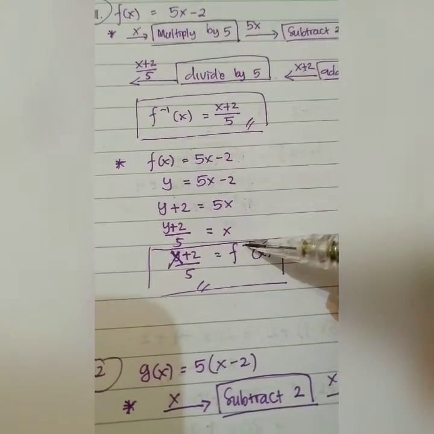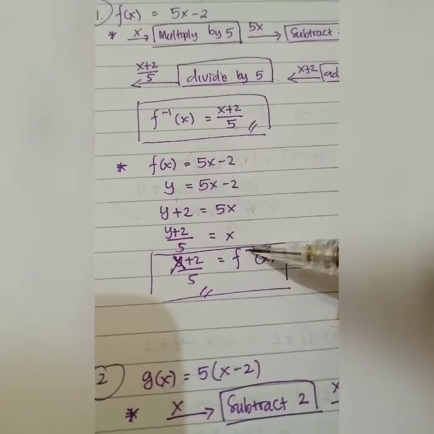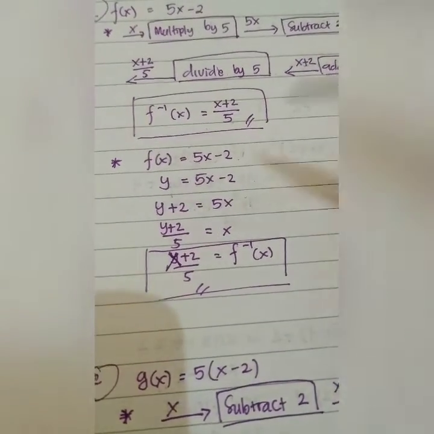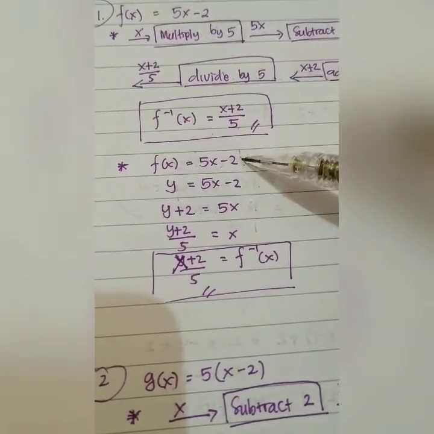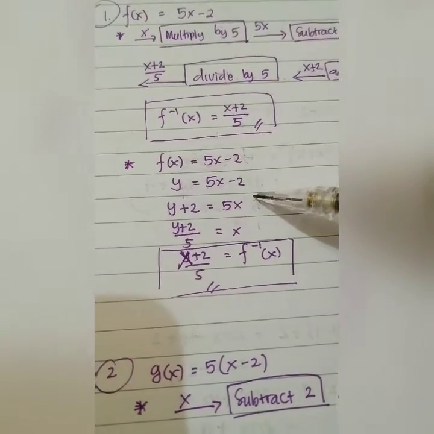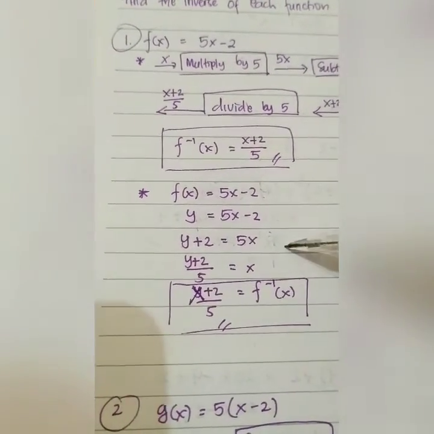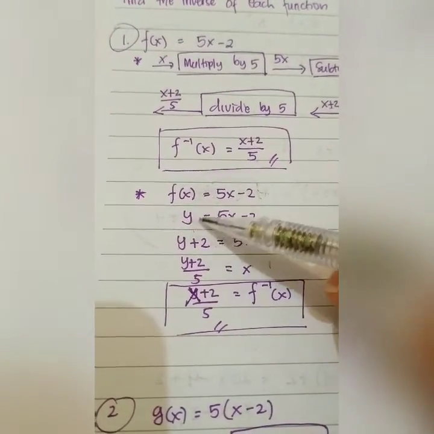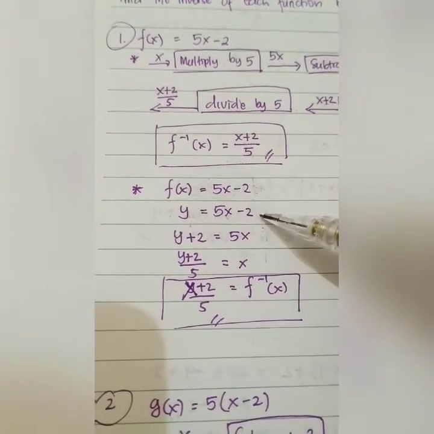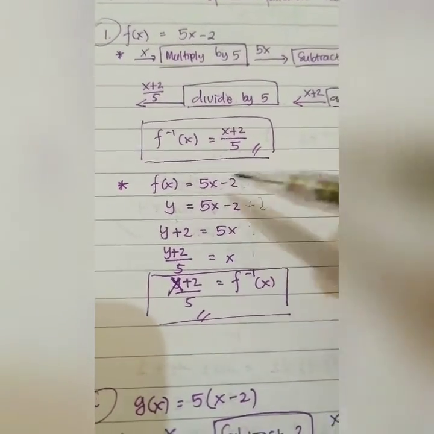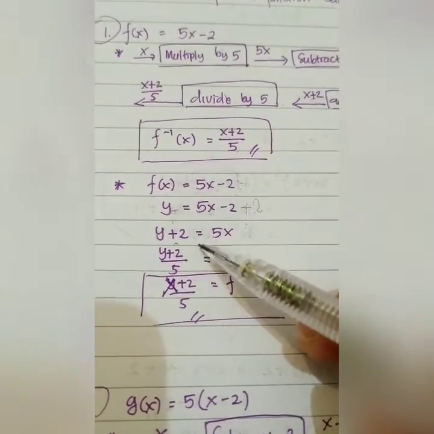This way is like the last topic about inequalities, where you solve the equation. If we have y equals 5x minus 2 here, we add 2 here and add 2 there, so y plus 2 equals 5x.